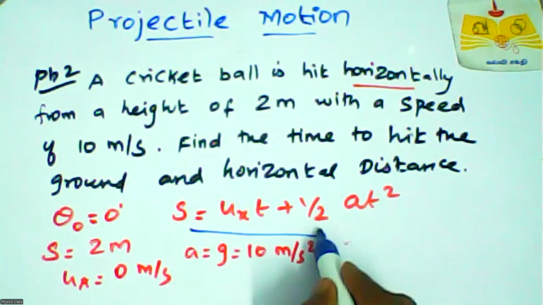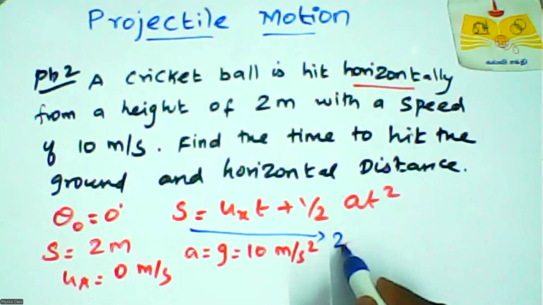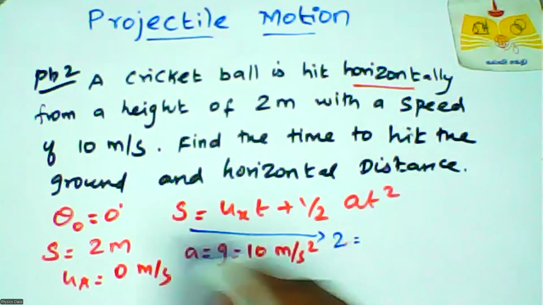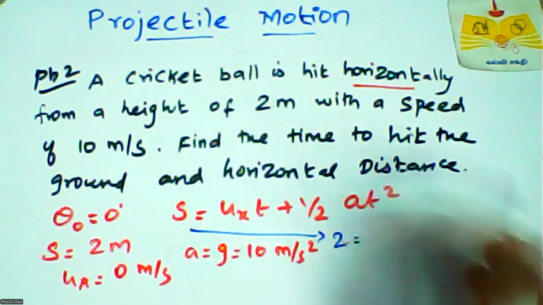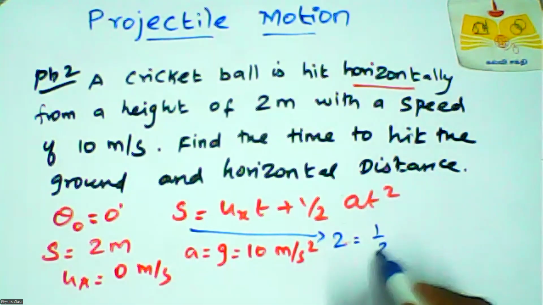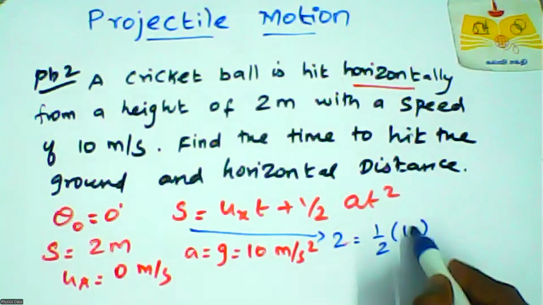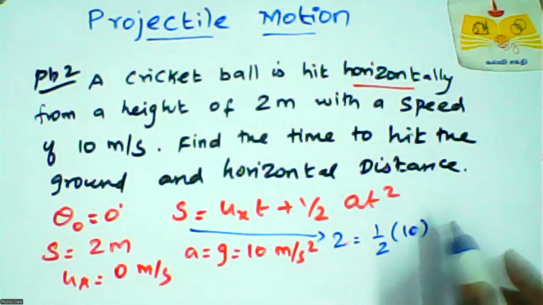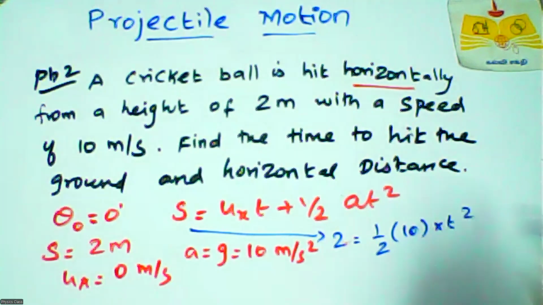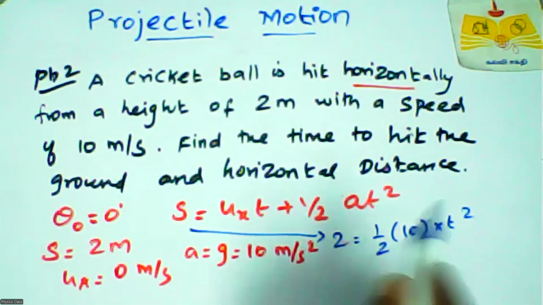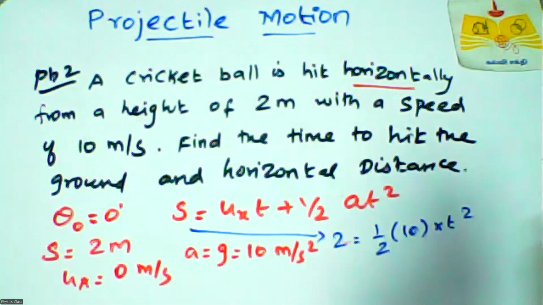So S is 2 meters, u is 0, so 0 into anything is 0. Then half a t square: 2 equal to 1 by 2 into 10 into T square.